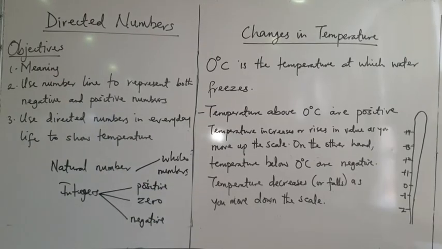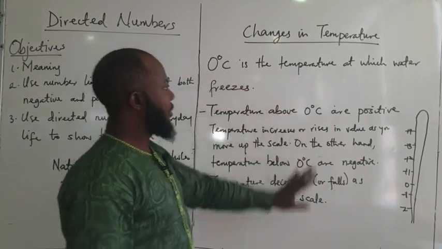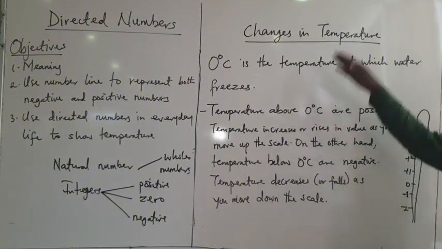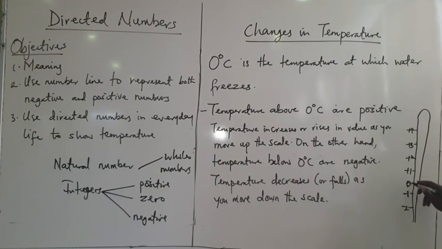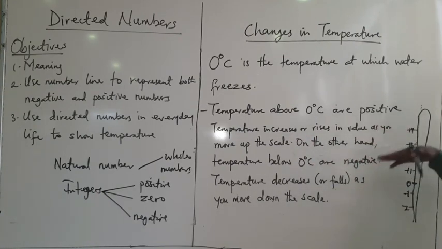So changes in temperature. So 0 degrees Celsius is the temperature at which water freezes. So temperatures above 0 degrees Celsius are positive, as you can see here. So all the temperatures you have above it here are what? Positive. So temperature increases or rises in value as we move up the scale.